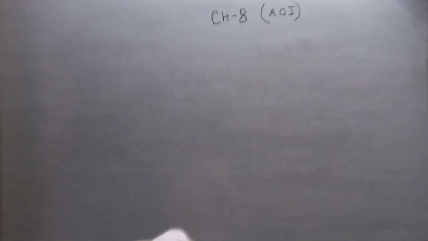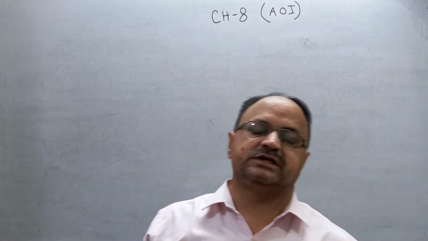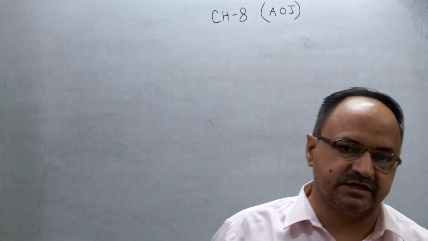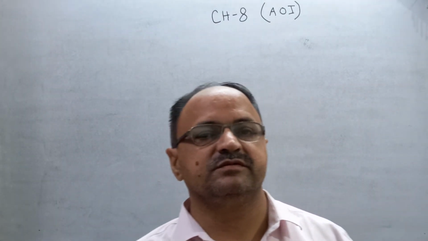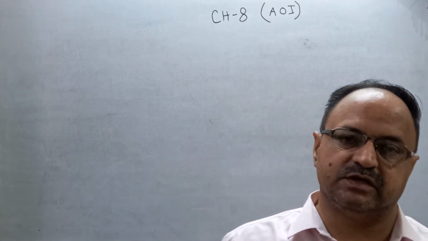Clear? Your homework: revise exercise 8.1 completely, because it is a very easy exercise. And the next exercise 8.2 is related to the CBSE syllabus. Okay, revise the examples also. Thank you.